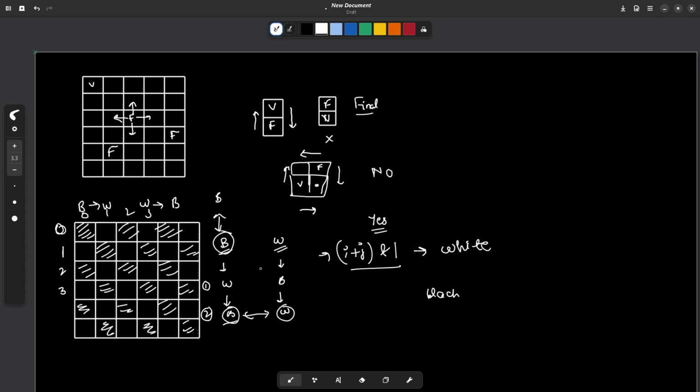It doesn't matter. It's just that we can differentiate between the squares by this particular attribute, that the sum of its row and column value should be either odd or even. All of the values that are odd will be of one particular color and all the other values that are even will be of the other color. Right. So this is all that we had to discuss about this particular problem.